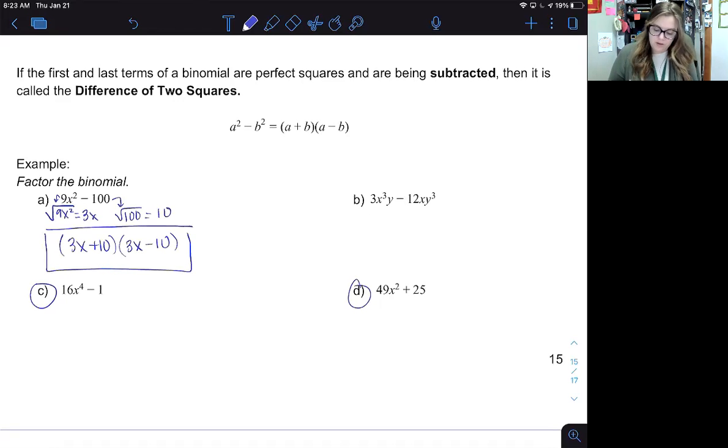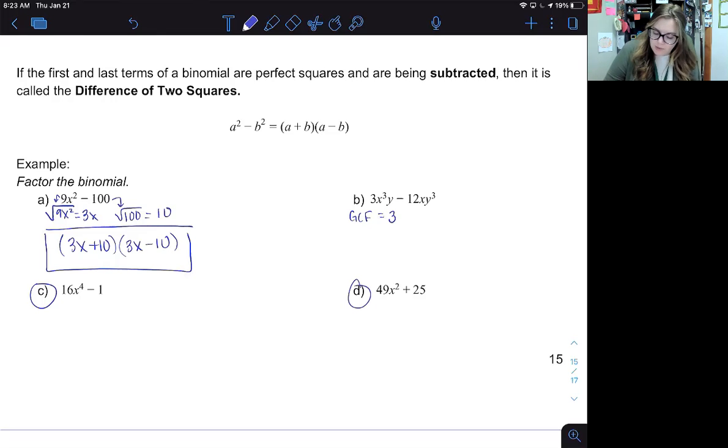All right, now let's look at B. We have 3x cubed y minus 12xy cubed. Well, on this one, we can't take the square root of 3. Okay, that doesn't work. But we do have a subtraction of two terms. So let's check, is there a GCF? Well, 3 and 12 are both divisible by 3.